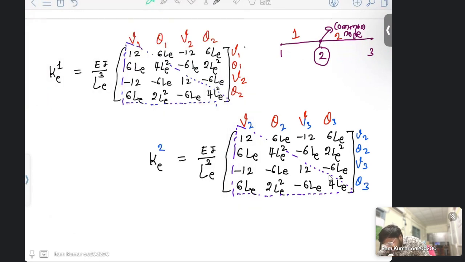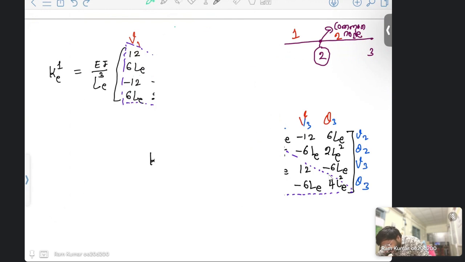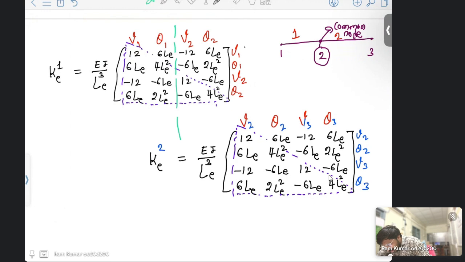See, these are affected, like theta 2, theta 2, and this one beta 2 and theta 2.